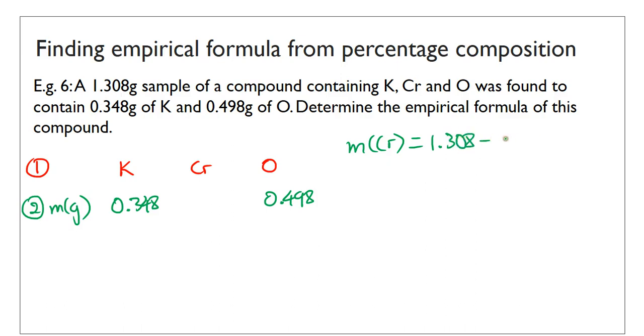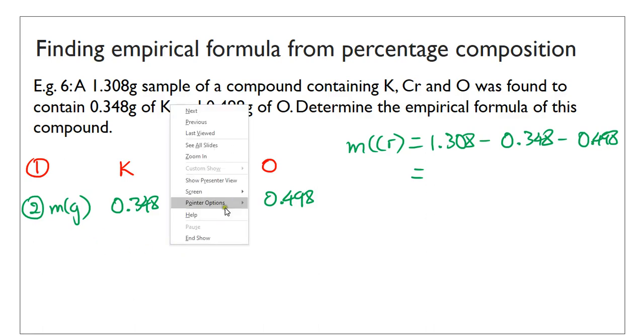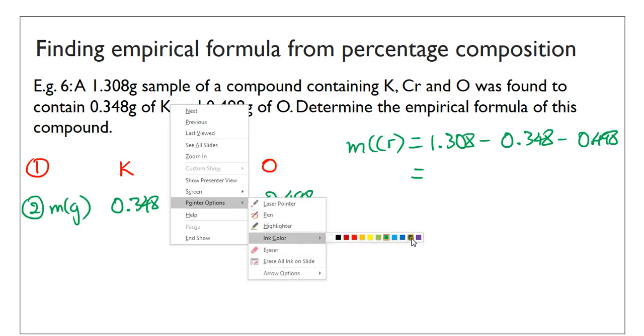So 1.308 minus 0.348 minus 0.498. Okay, so that's 0.462 grams. And then from here, you should be able to find the number of moles of each element.